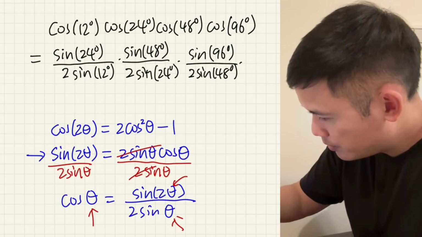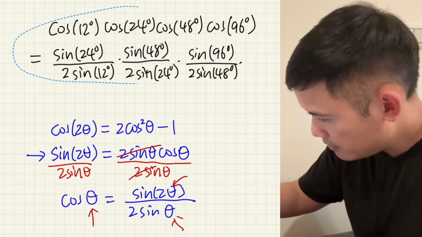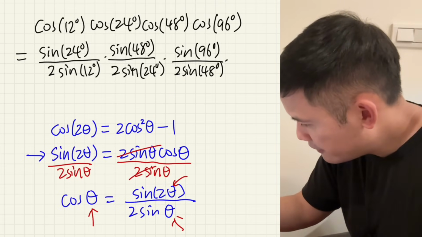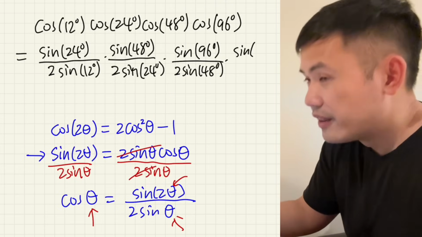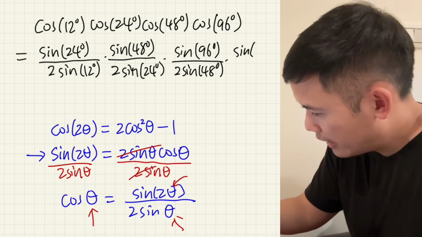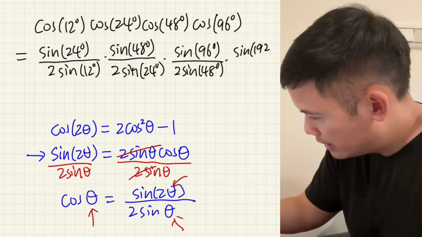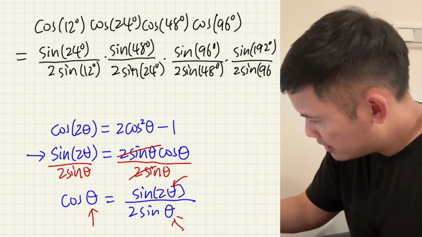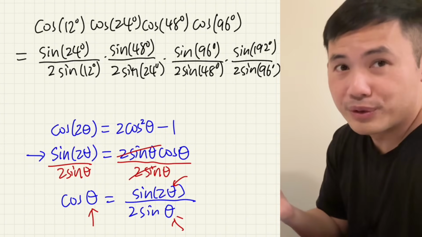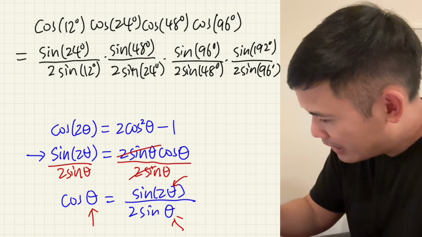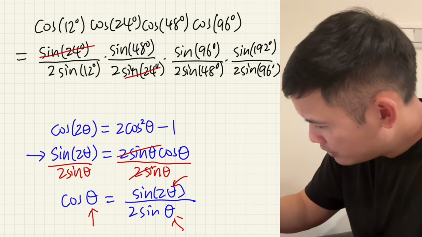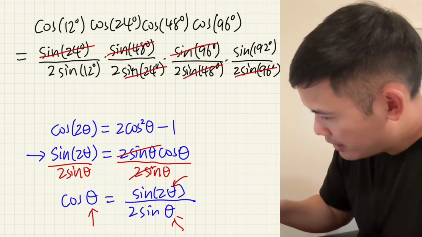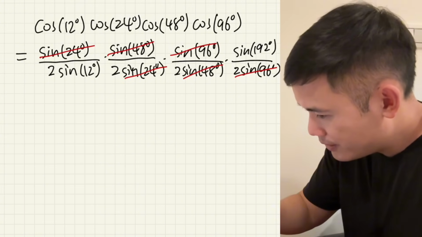And lastly, we have sine of 96 times 2, which is 192 degrees, over 2 sine of 96 degrees. Told you, we are going to see some cancellations. This and that cancel, this and that cancel, this and that cancel. Very nice, thanks to this identity.